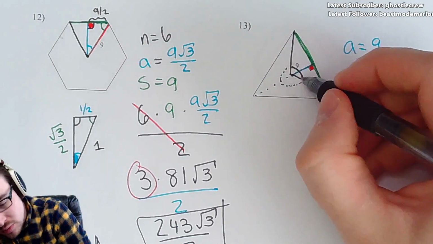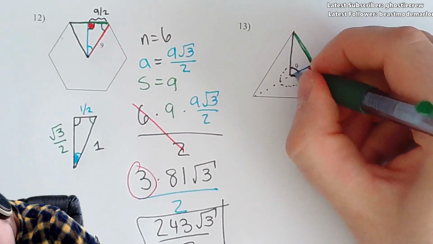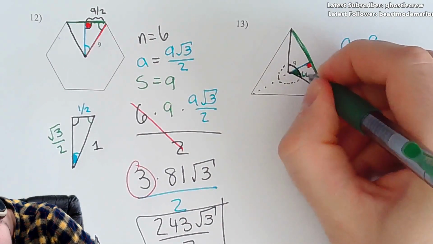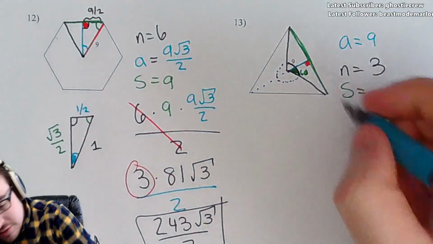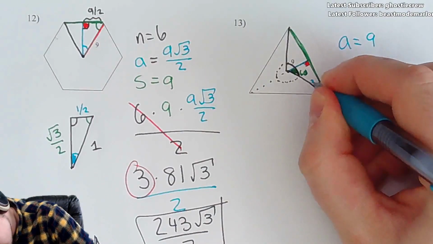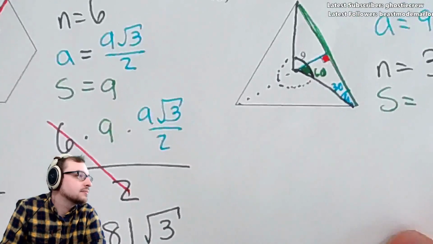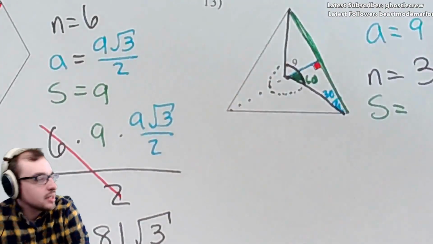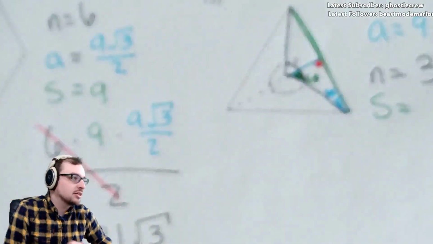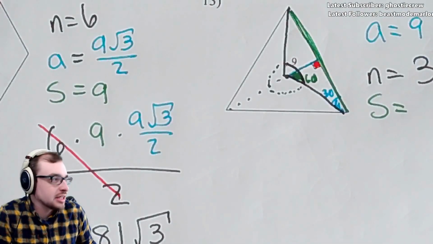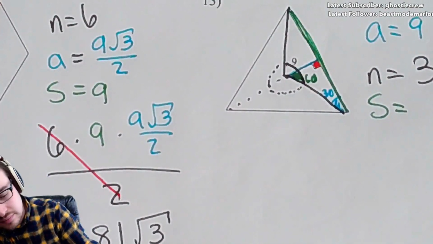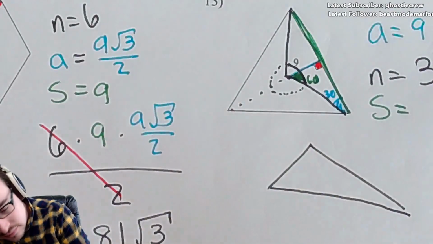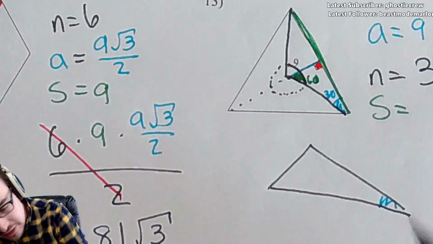If this whole thing's 120, then this much is 60, and this will be 30. One 120 makes 360, divided by 2, we get 60 here. So that's a 30, 60, 90 right triangle. Our base triangle looks like this.